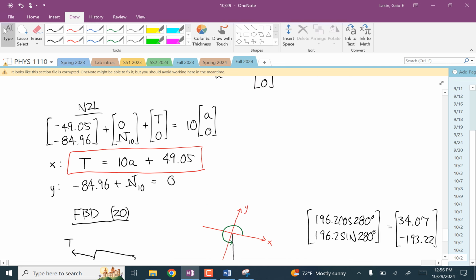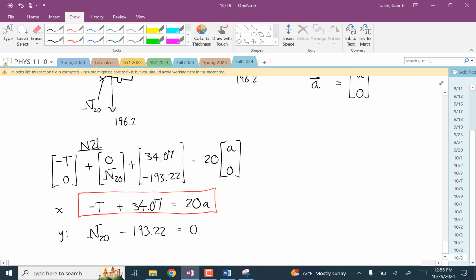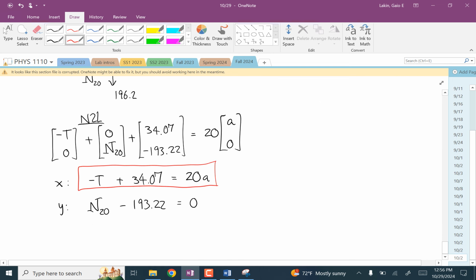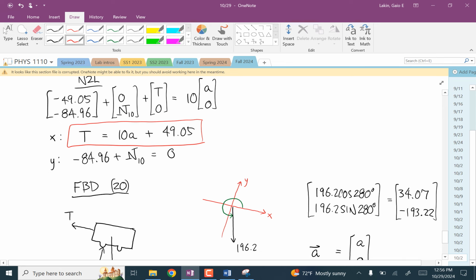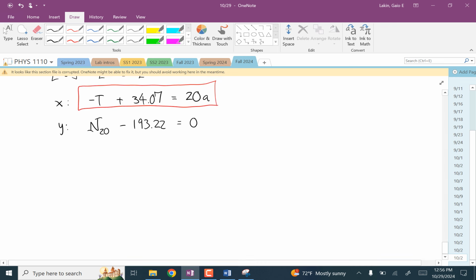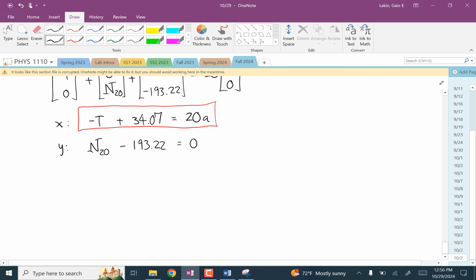And so now I'm going to plug this first boxed red equation into the second one. I'm going to replace the T in the second one with 10a plus 49.05. So we have negative quantity 10a plus 49.05 plus 34.07 is equal to 20a.